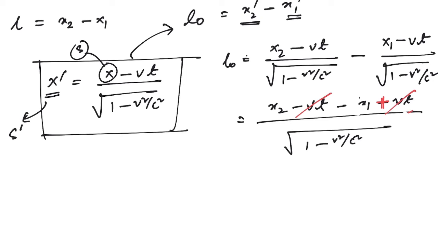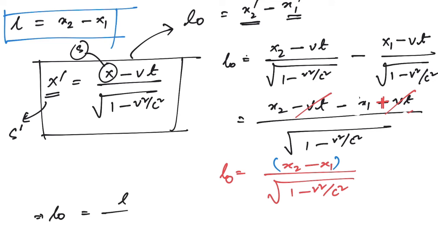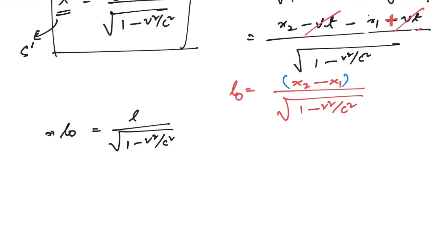What we have got is L naught is equal to x2 minus x1 divided by root over 1 minus v square by c square. Now you can see this x2 minus x1 is nothing but L. So we can write L naught is equal to L by root over 1 minus v square by c square, and so we can write L is equal to L naught into root over 1 minus v square by c square.